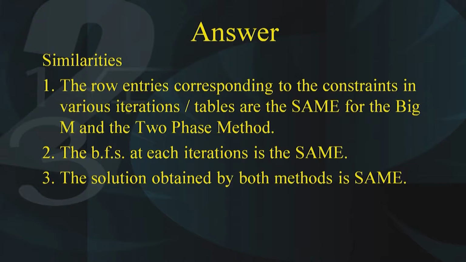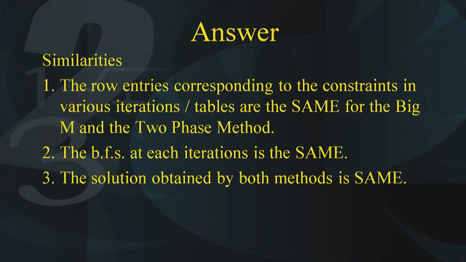By this I mean the entries which are in the pivot rows and the pivot columns and also the other rows and the other columns inside the table. They are the same for each of the iterations for both of the methods. That is the first similarity.